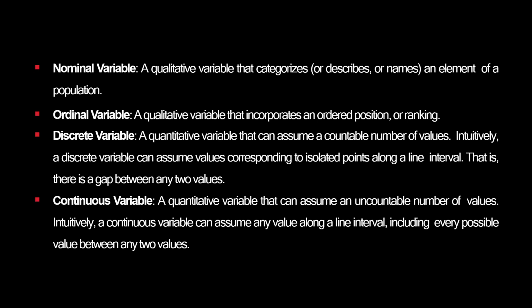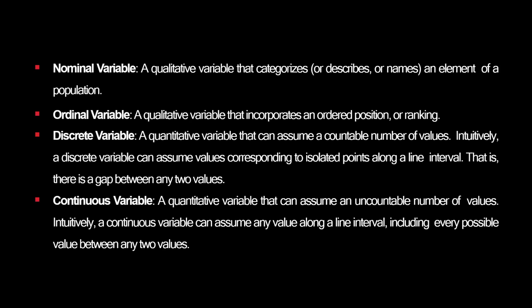Whereas ordinal incorporates an ordered position or ranking. So a nominal variable will not have any ordering position or ranking. To be more specific, say your research topic is about marital status or educational qualification, any demographic factors, or age.